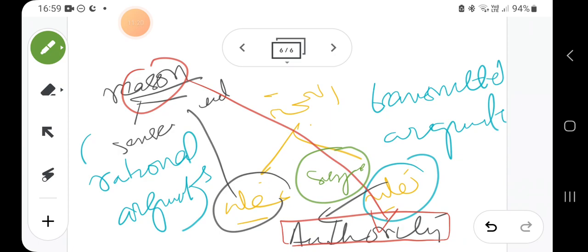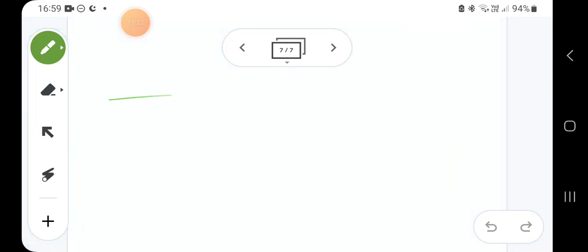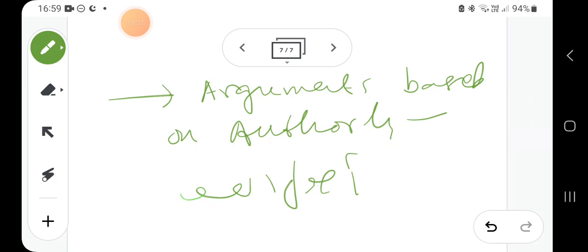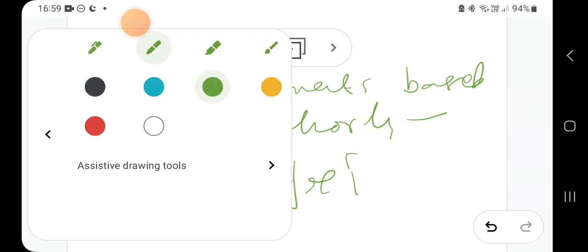And the arguments based on authority, I studied in Usul al-Fiqh, one of the major Islamic disciplines.